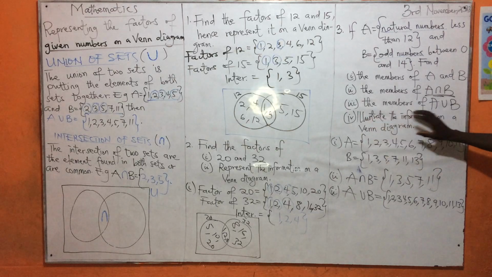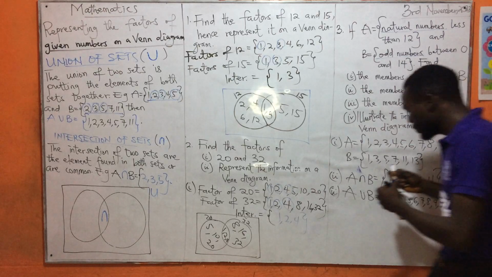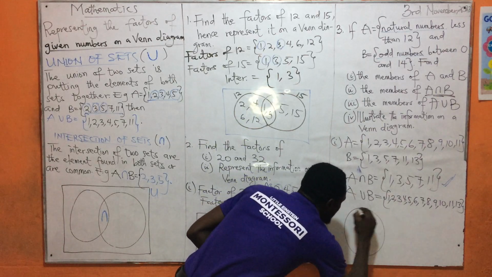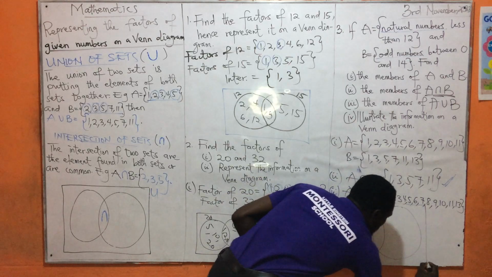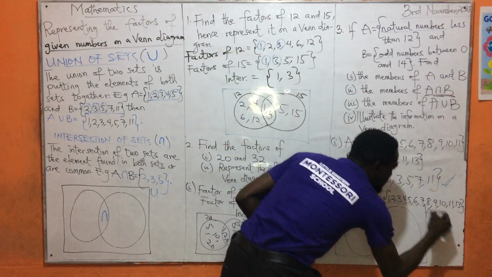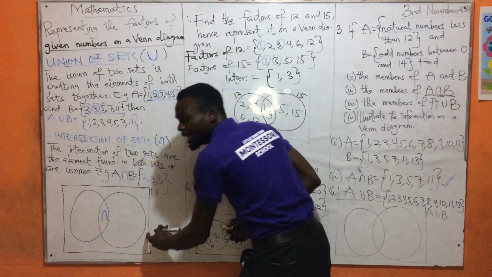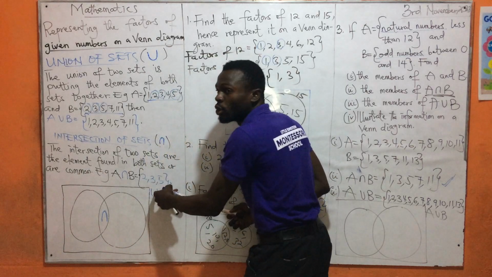Then the last one, illustrate it on a Venn diagram. Now that we already know the intersection, we don't have to find the intersection again. So what we need to do is to draw our Venn diagram nicely. Then we have this as A union B, because we said everything in the circle and the rectangle is the union.